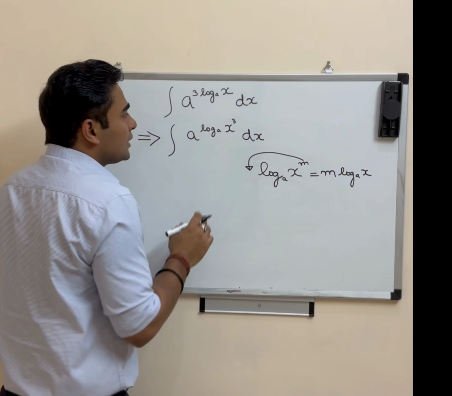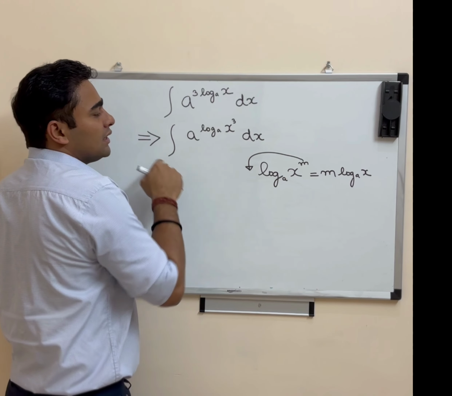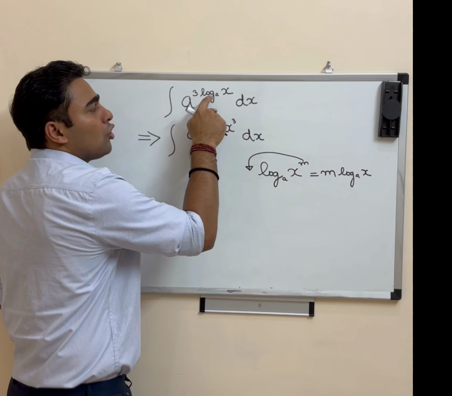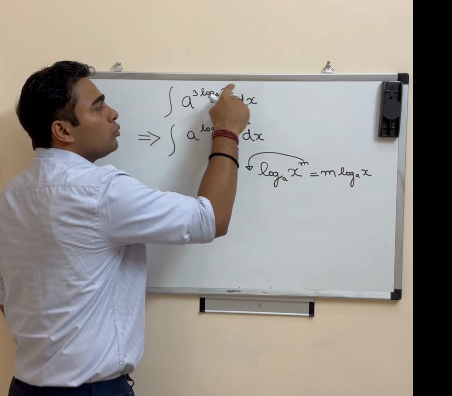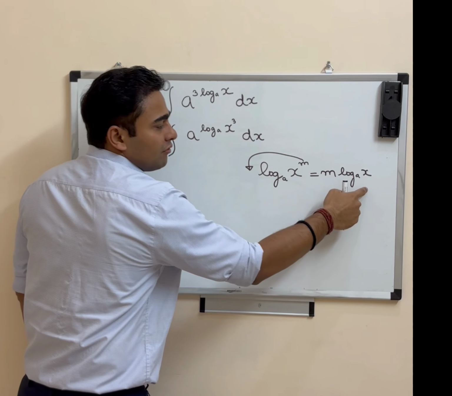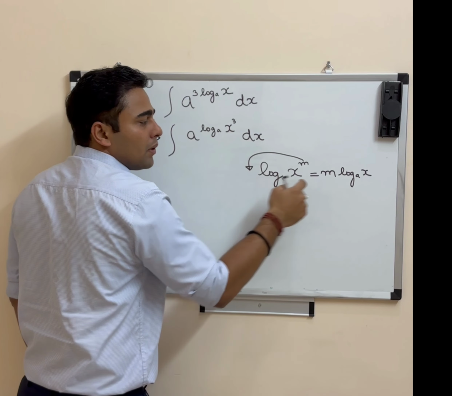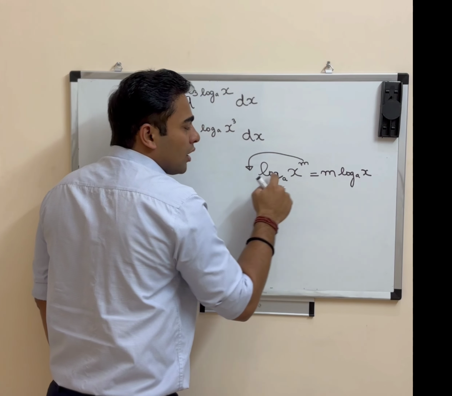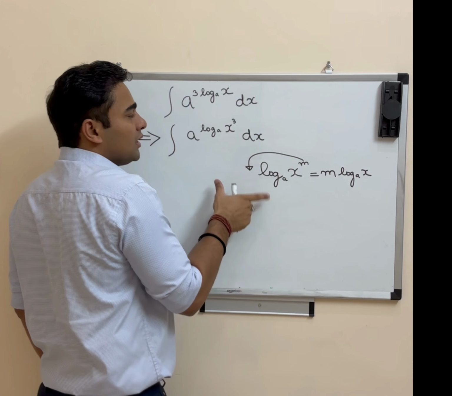Similarly, you will see that this is nothing but 3 log base a x. M log base a x will turn out to be log base a x raised to the power m. It is as simple as that.